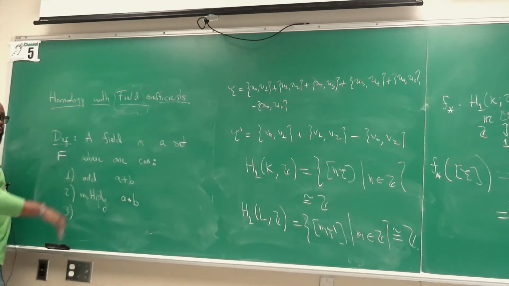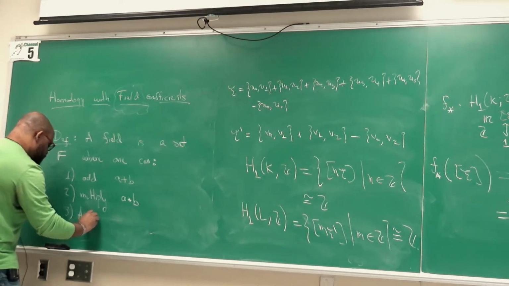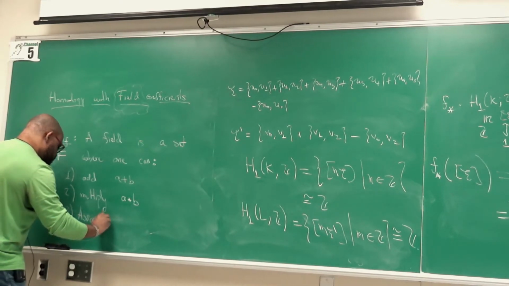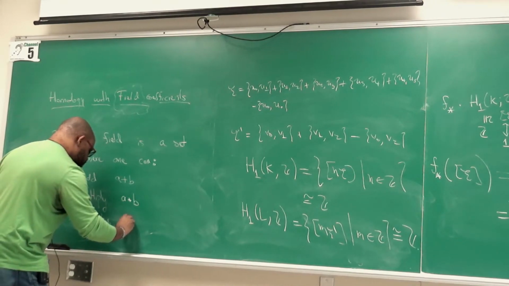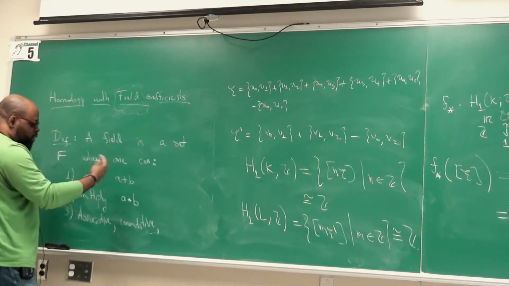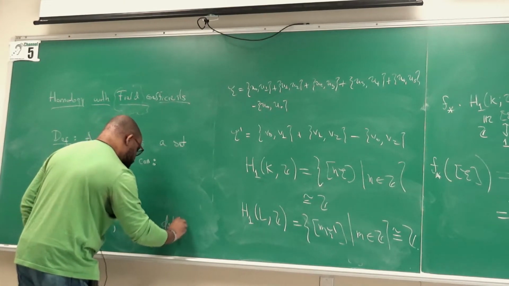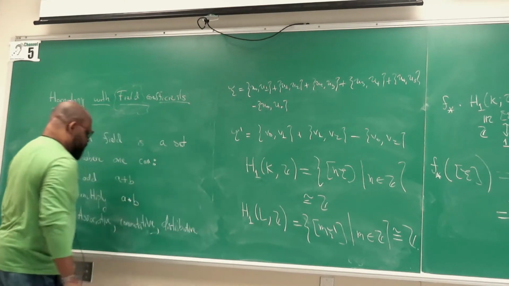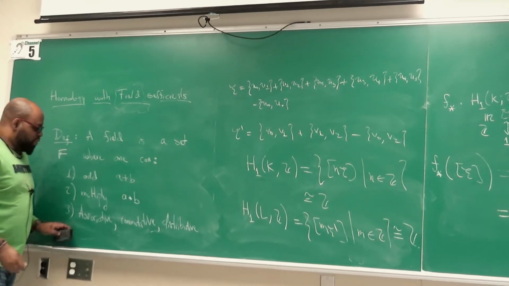And all the good things that come with this, right? So things are associative, commutative, and multiplication distributes over the sums, so distributive. So all the good things that we know how to do with numbers. You can add them, you can multiply them, things are associative, things commute, and so on.